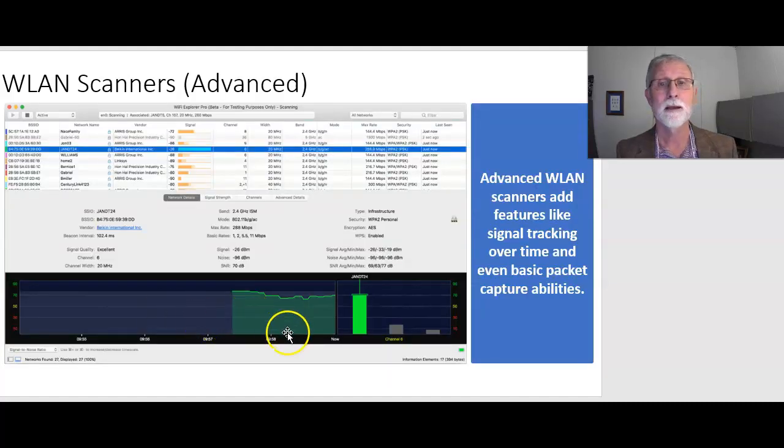Here's just an advanced one, tracking a signal over time. This one's on a Mac OS. It's called Wi-Fi Explorer, but it's similar in nature. It gives a lot of specific detail: the signal, the channel, what its bandwidth is, what band it's in, what its max data rate is.